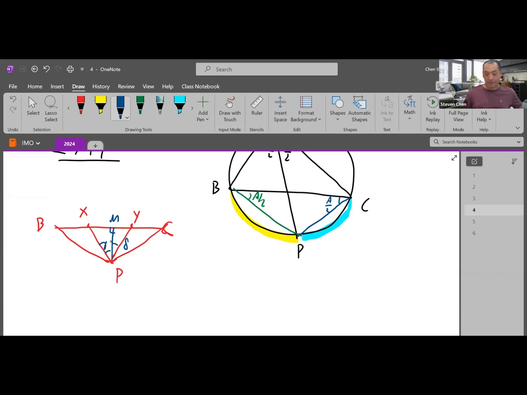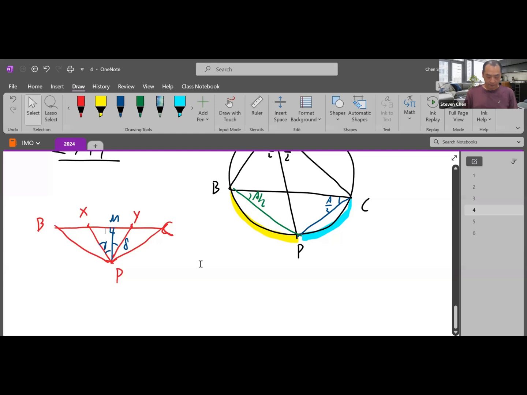Basically now, analogous to our first part, we can decompose angle XPY into analyzing two subangles, gamma and delta. Once we get the formula for some trig values for gamma, we can easily get a formula for delta, since they're symmetric. How do we get a formula for gamma?